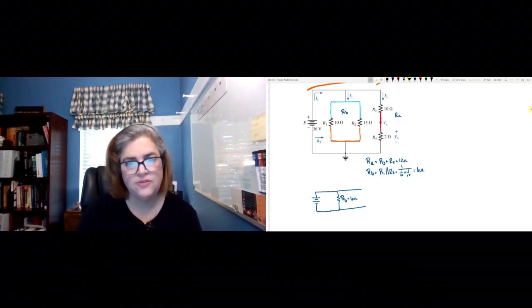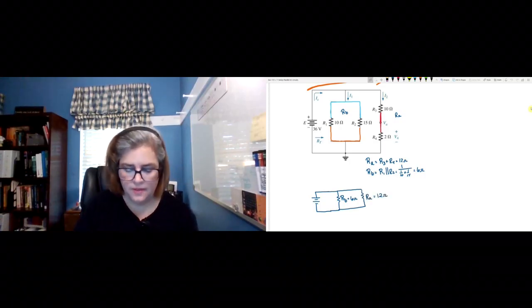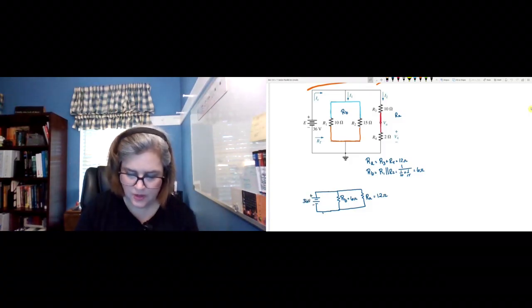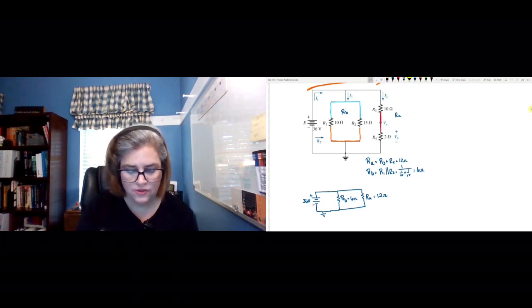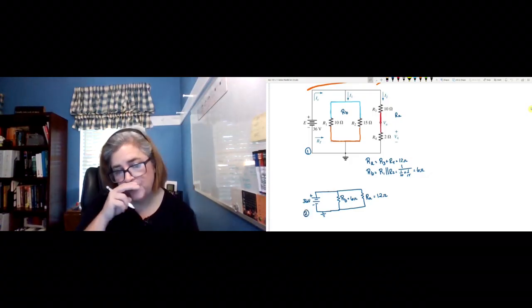And taking the place of R3 and R4 will be RA, which is 12 ohms. So this is a simplified version of the previous circuit. I'm going to label our original circuit number 1, and our second circuit number 2.